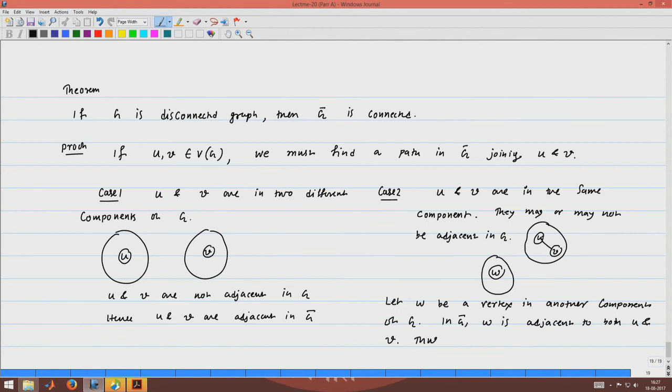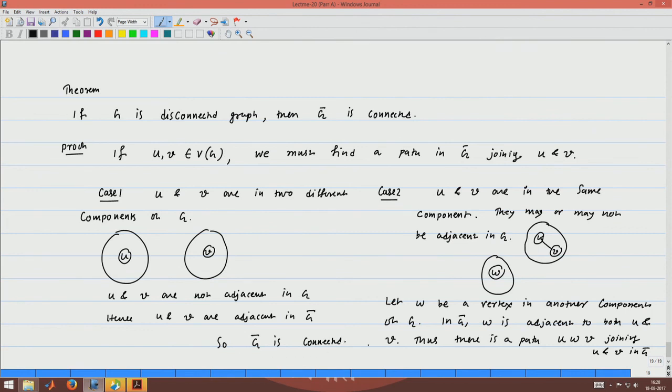Thus, there is a path U W V joining U and V in G complement. So, we took an arbitrary pair of vertices and proved that in both cases there is a path between them. So, G complement is connected.